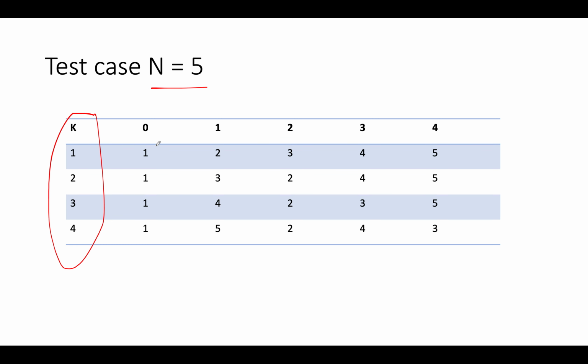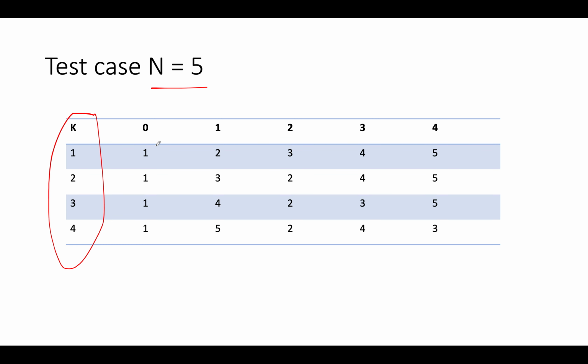Let's talk about the third case. We have k equals 3, and here the elements look like 1, 4, 2, 3, 5, and the differences are 3, 2, 1, 1, so the differences are 1, 2 and 3. Let's look at the fourth case, because it was also given in the question that k would be less than n.